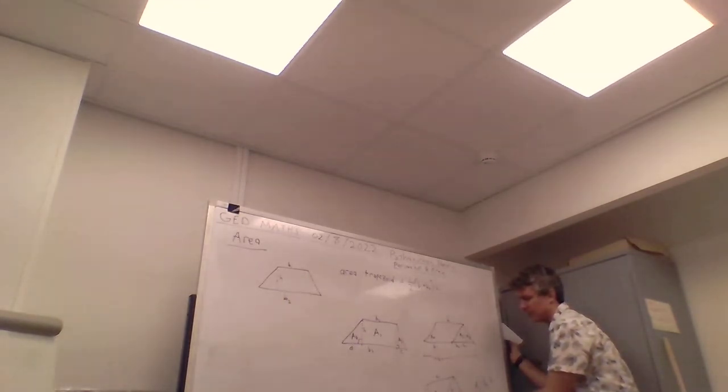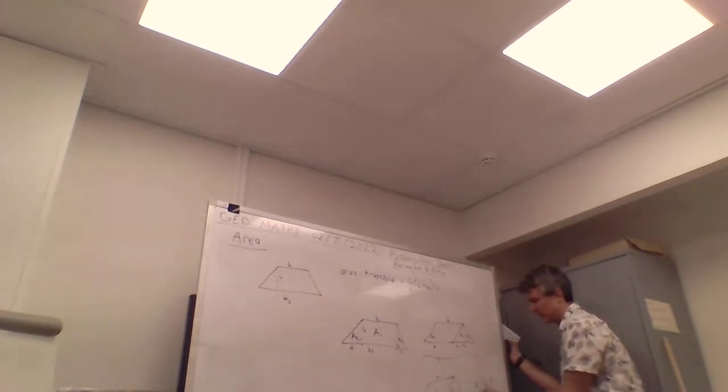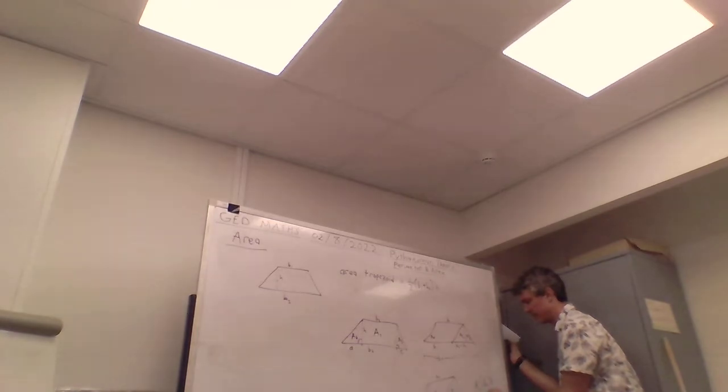So times this unknown base. This here, A2, I'll call it A4 actually so we won't be confused. A4 is the whole triangle, right? So A4 equals B unknown times H over 2, right? This is a triangle.